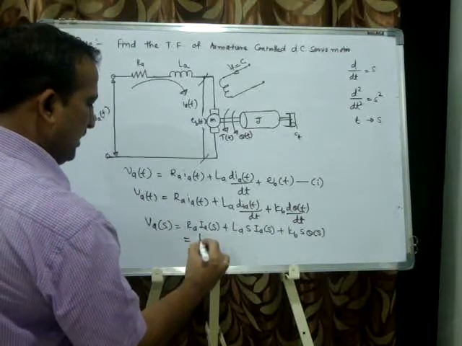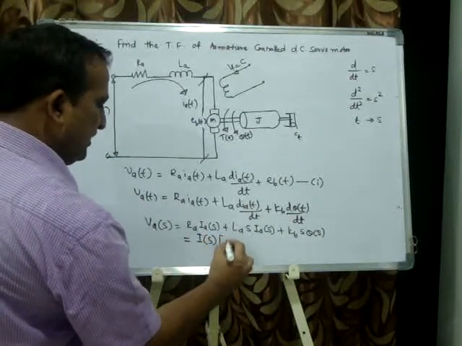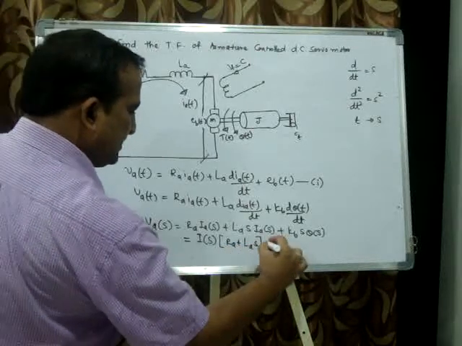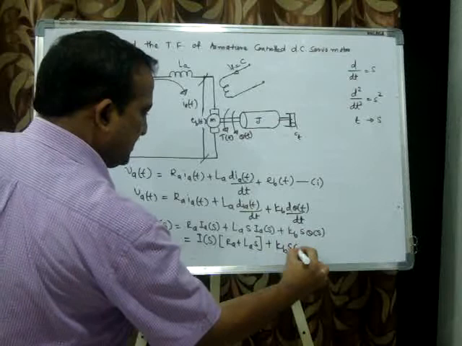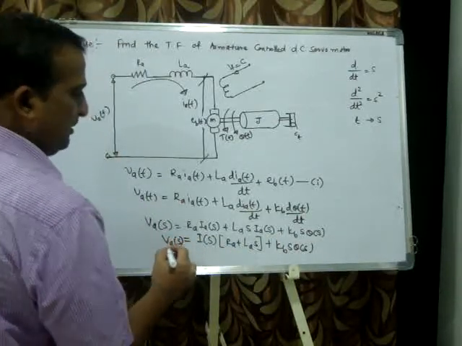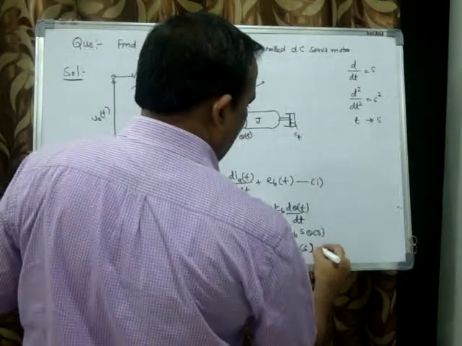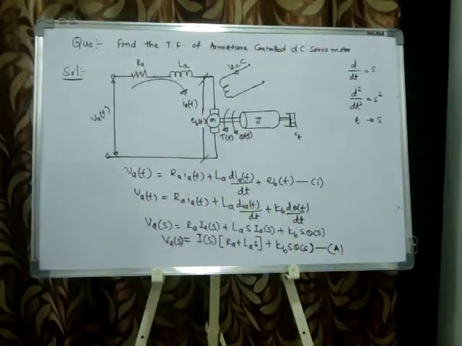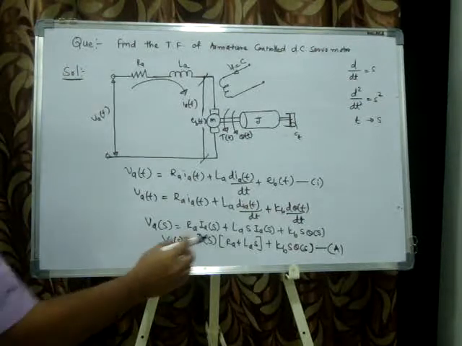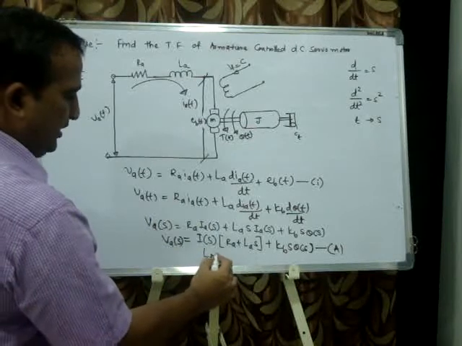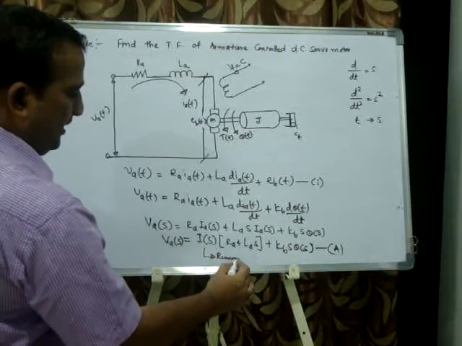Taking IA of s common: VA of s equals (RA plus LA s) IA of s plus kb s theta of s. This is equation number A. Here, I want theta of s, but I don't want the intermediate current. I have to remove this intermediate current.